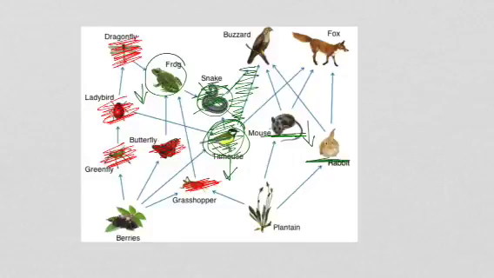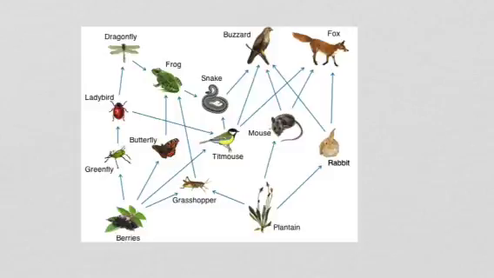These numbers will eventually go down, which will then cause these guys to go down. The only organisms that are actually going to benefit from this are your producers. Okay? The producers, because nobody else is eating them, will grow and grow and grow. So we see that every organism in a food web gets impacted if only one organism gets removed.